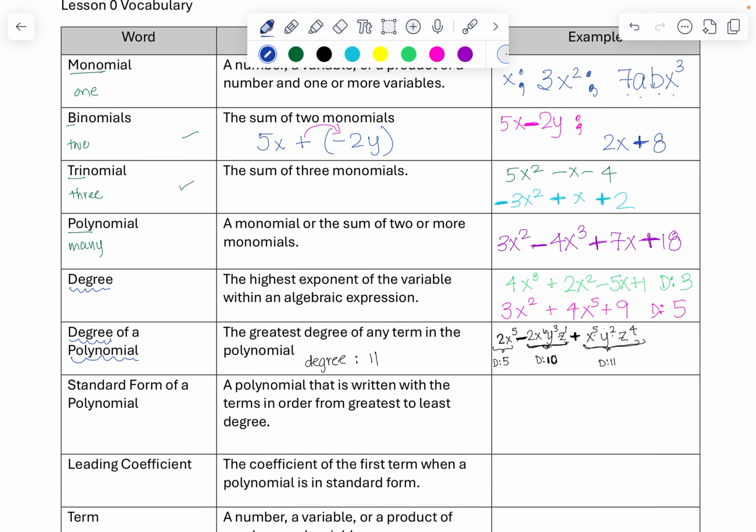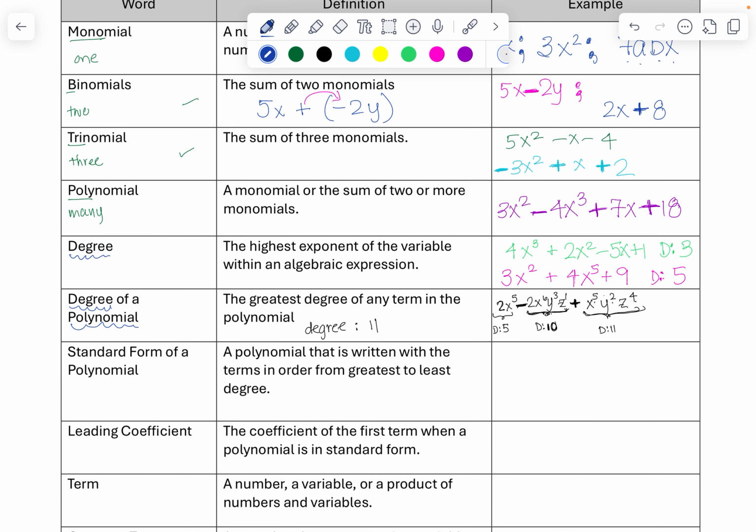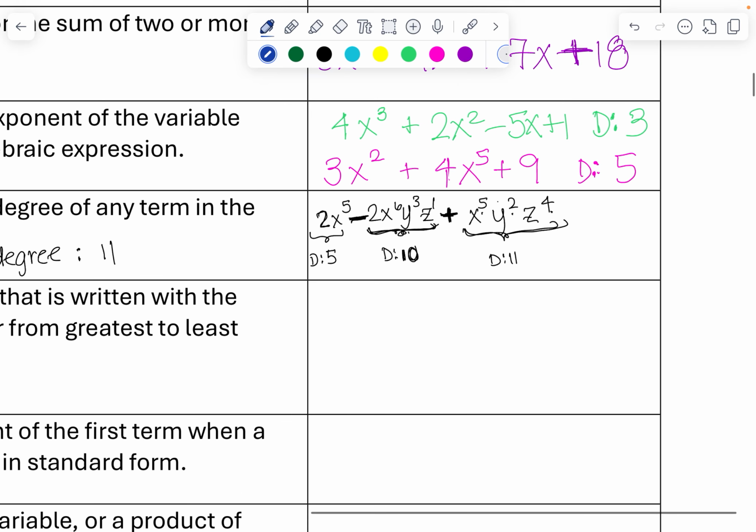Okay, standard form of a polynomial. Standard form of a polynomial is written with the terms in order from greatest to least, in descending order. So if I were to write ax cubed, where a represents the leading coefficient, not the constant, but the coefficient on x cubed, plus bx squared, plus cx to the 1st, plus my capital C constant.